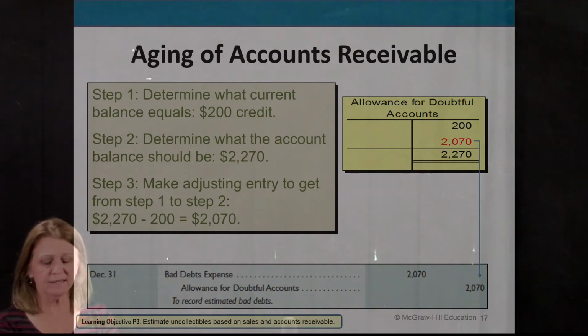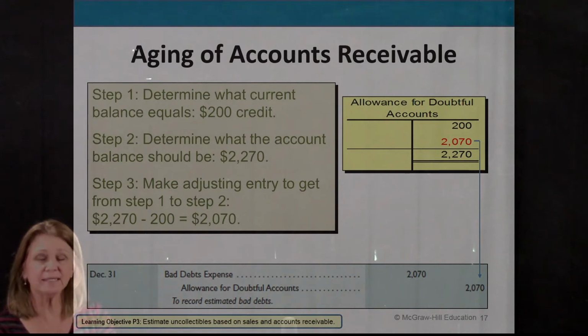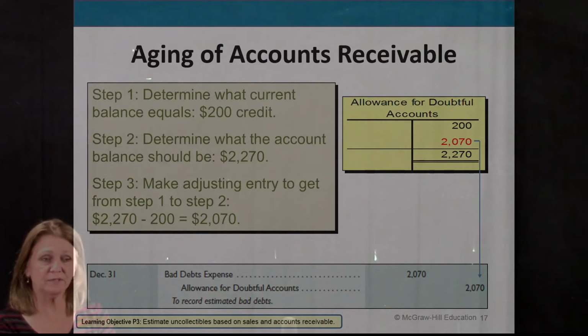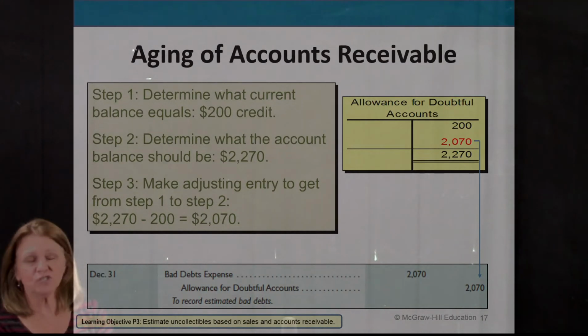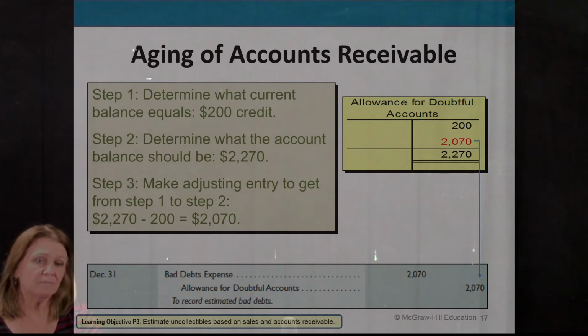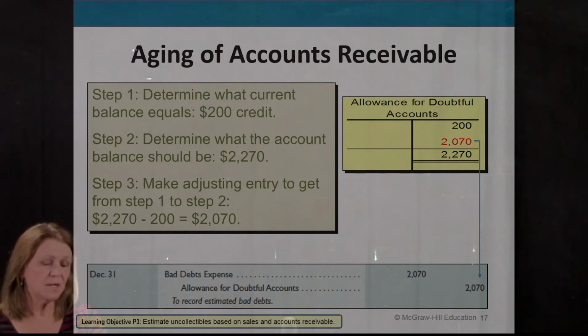The next one is the accounts receivable method, and that gets more accurate, and then you do adjust for what is in your allowance for doubtful accounts. And then we get to the aging of accounts receivable, which is the most accurate way to account for what is in your allowance for doubtful accounts.